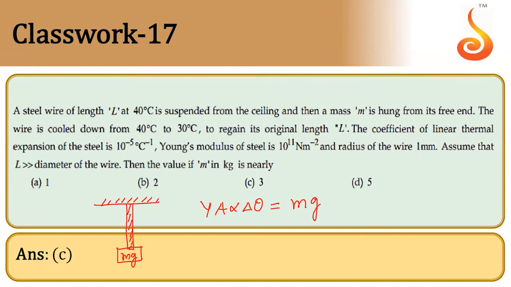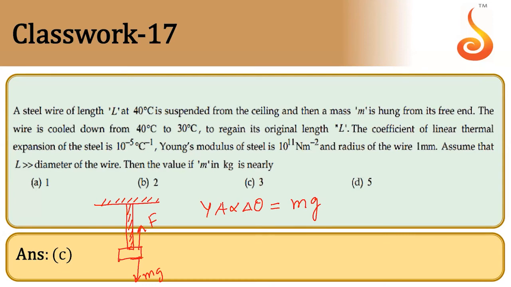Am I correct? Yes or no? That is the formula. Understood the formula? What I wrote: thermal force because of cooling should be equal to mg. Then only contraction will not be there. You can avoid the contraction of the wire.